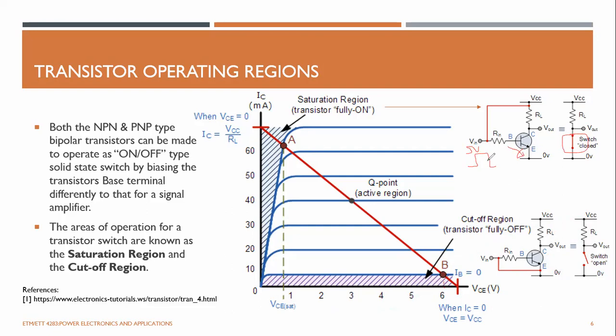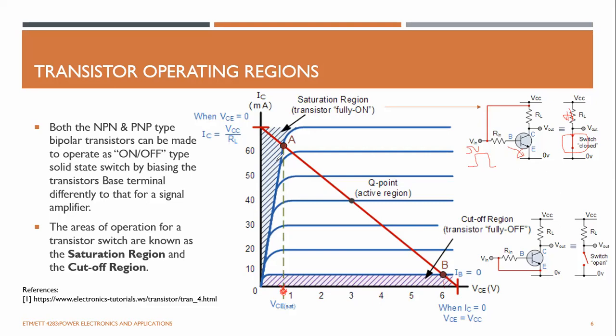Ideally, this voltage drop is 0, but there could be a slight voltage drop here. Because in order to carry this current through the load, there should be a small collector emitter saturation voltage. That is this voltage, and this is your collector current, right?